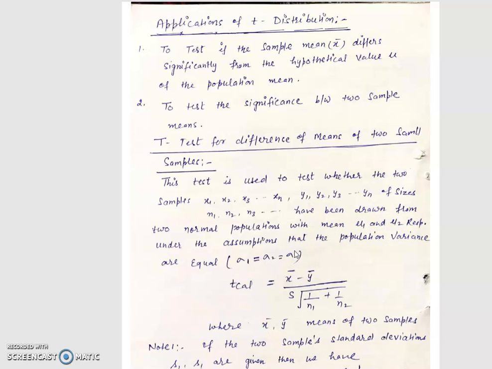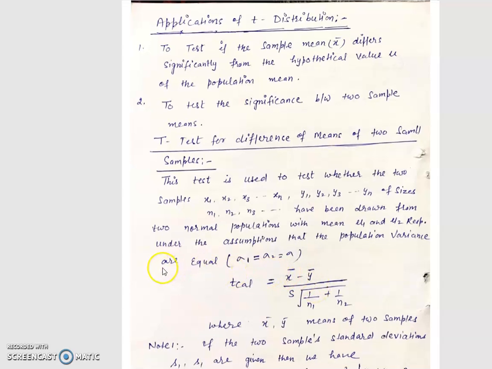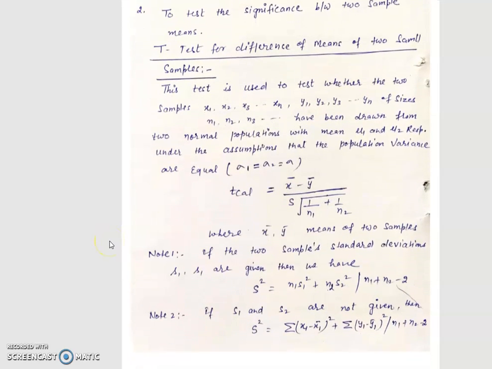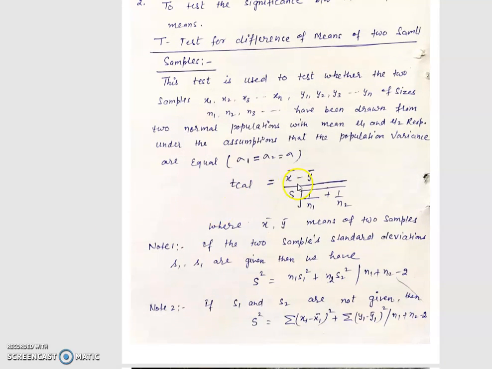Here we assume that the population variances are equal. Therefore the t-test, or we can say t calculated, is x bar minus y bar upon capital S under root 1 upon n1 plus 1 upon n2, where x bar and y bar are the means of the two samples.